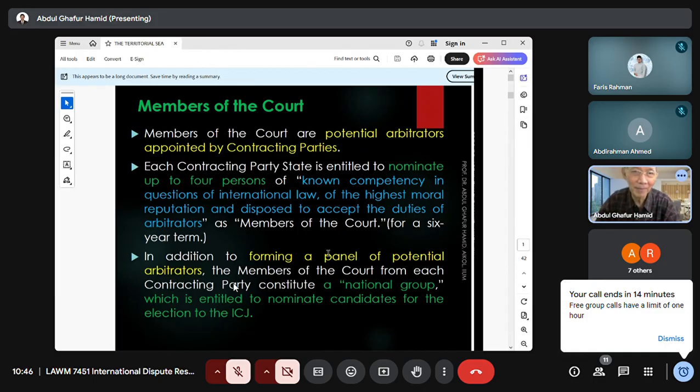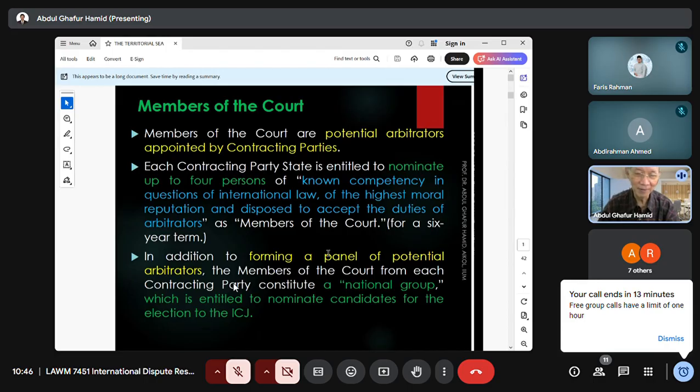So how many persons can each contracting party nominate? Up to 4 persons. Each contracting state to the convention can nominate a maximum of 4 persons who are of known competency in international law, of the highest moral reputation, and who agree to accept the duties of arbitrators.